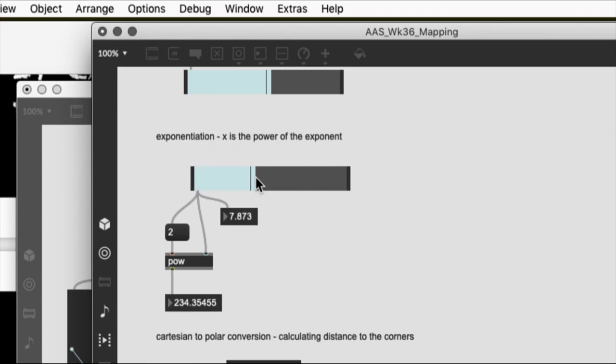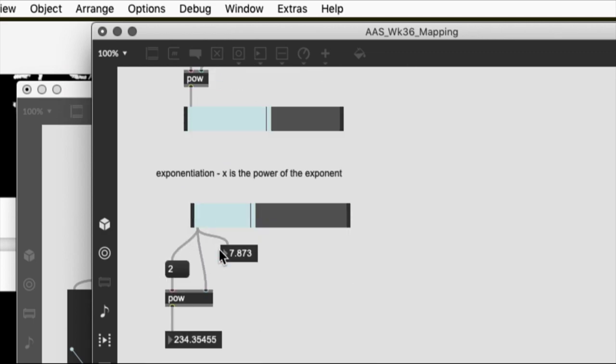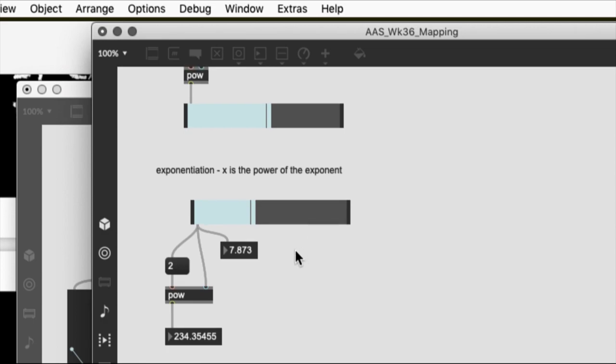Okay, so this is typically, you see, actually I've called this curving and this exponentiation, which is probably a better choice of terms, but you see I'm getting confused myself. And the thing is that unfortunately in the trade people just use all sorts of terms: logarithmic range, exponential range, curvature, all of that.